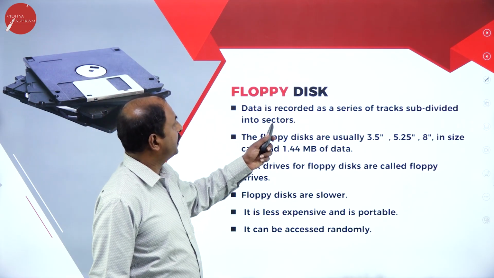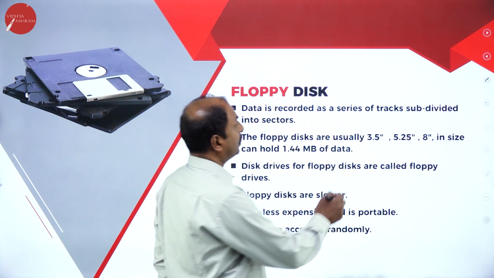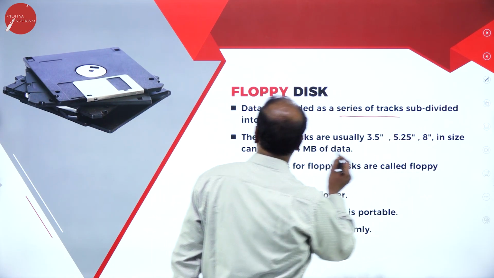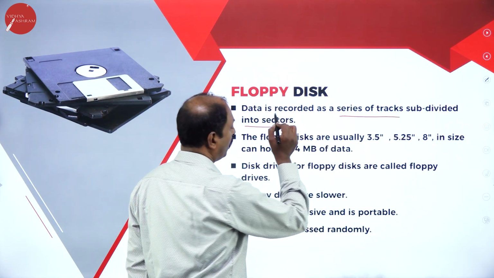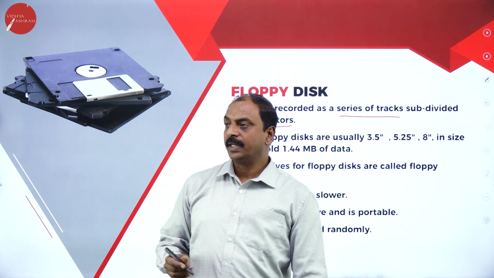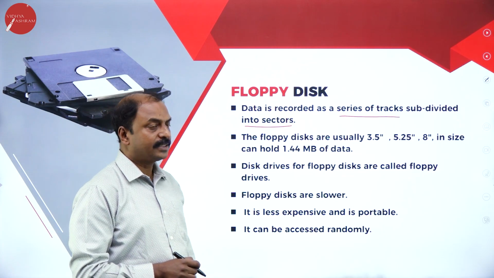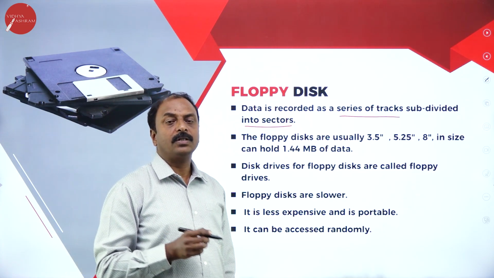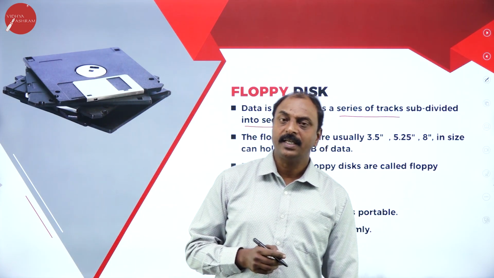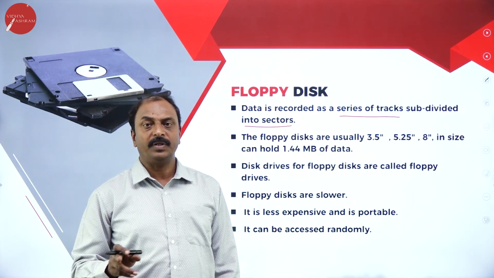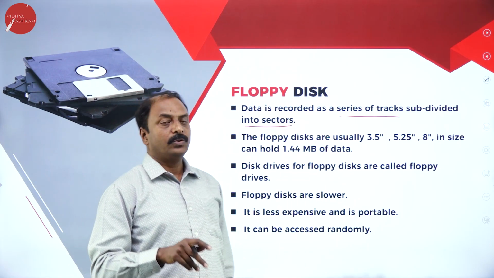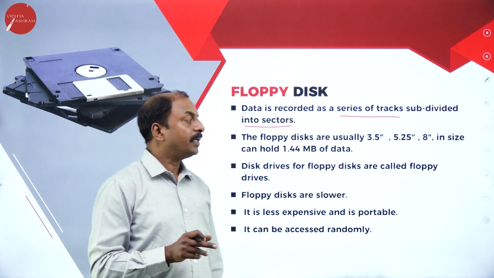In a floppy disk, the data is recorded as a series of tracks subdivided into a number of sectors. This is what we saw in the previous slide. We know what tracks and sectors are. The concentric rings are called tracks, and all tracks are subdivided into a number of sectors. That is the place where data are written.